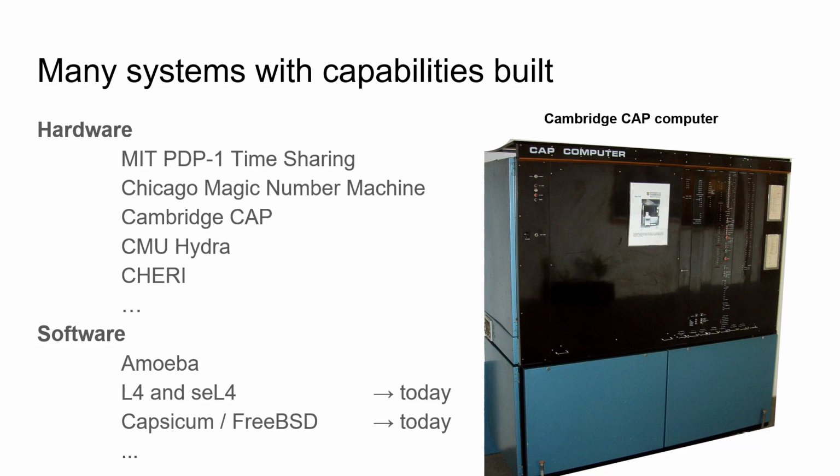And another good example of capability in modern systems is the Capsicum project in FreeBSD, which offers capability support in the FreeBSD operating system. Okay, so capability support in software is also very much alive.